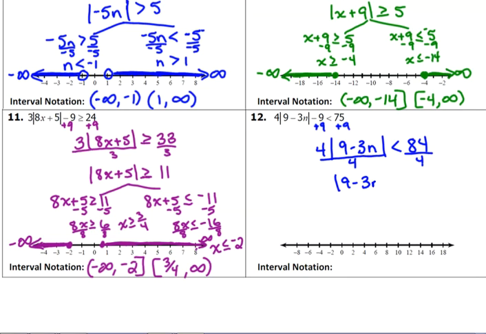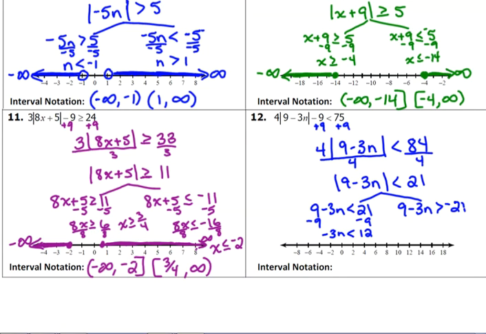Absolute value of 9 minus 3n is less than 21. 2 cases. 9 minus 3n less than 21. Keep it, switch, switch. Greater than negative 21. Subtract the 9. Negative 3n is less than 12.